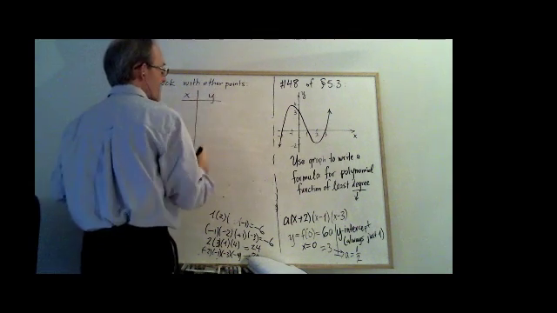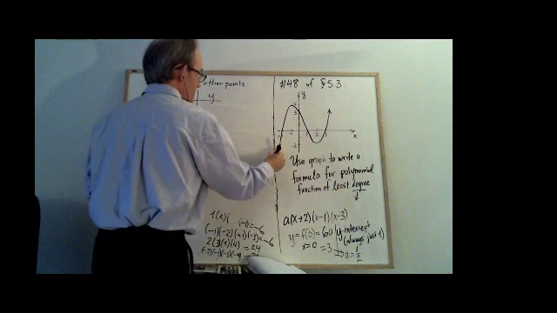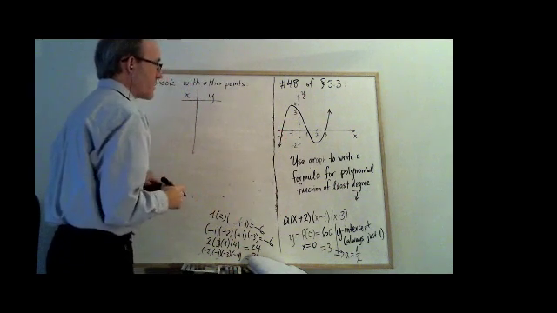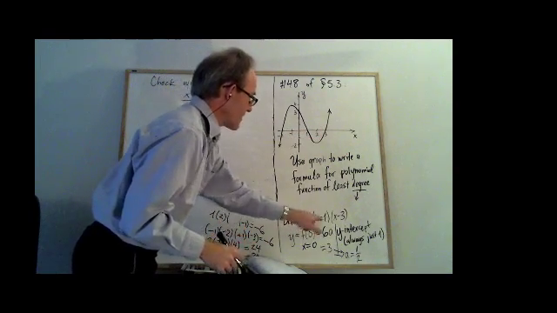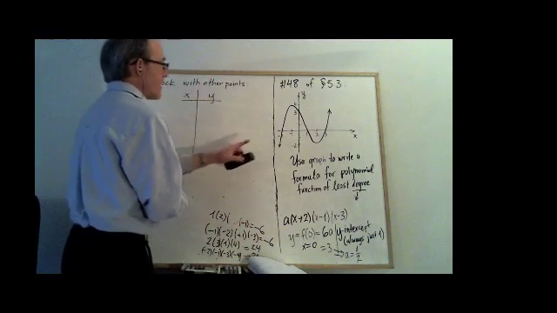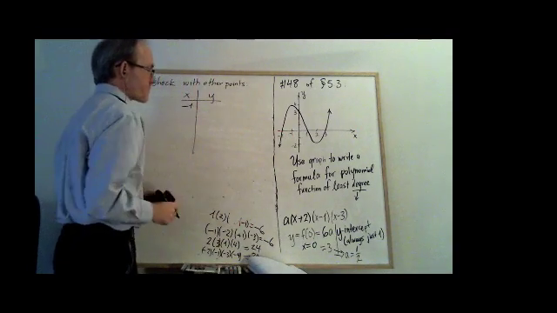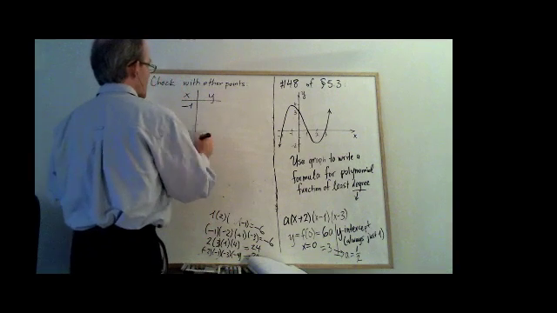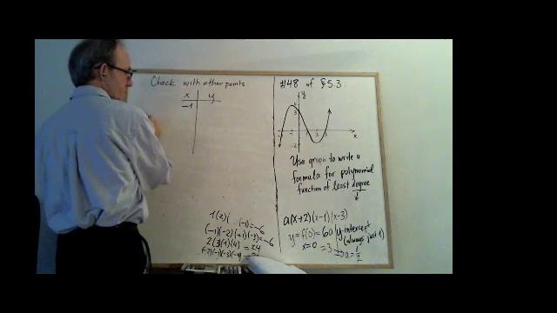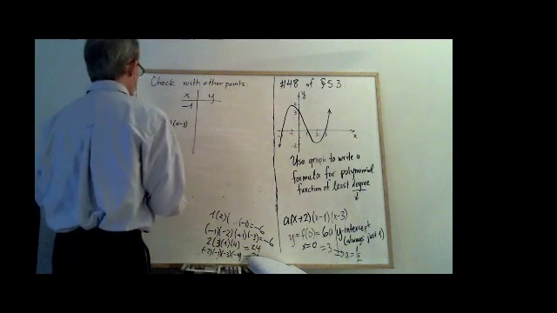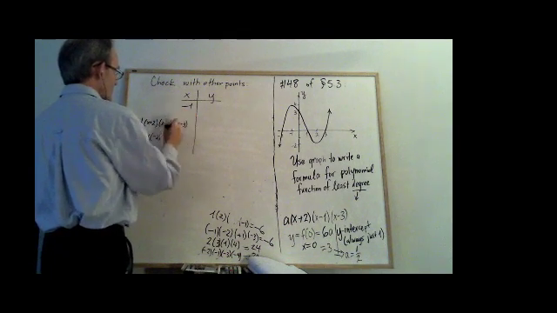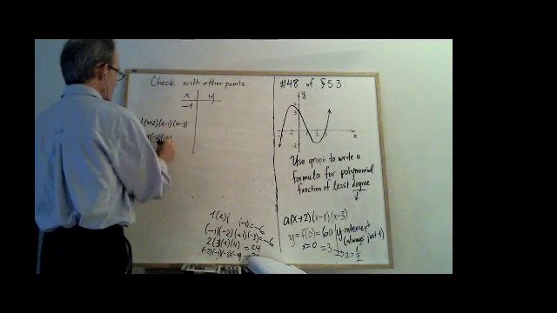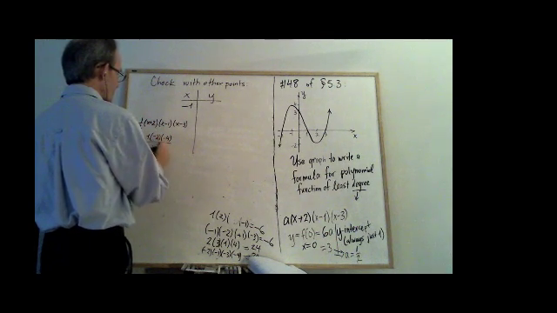While checking all the roots, obviously all these factors will vanish, so we don't have to do that. x equals minus 1. If x equals minus 1, then this is plus 1, this is minus 2, this is minus 4. You multiply by 1/2 because of the factor 1/2, and you get plus 2.